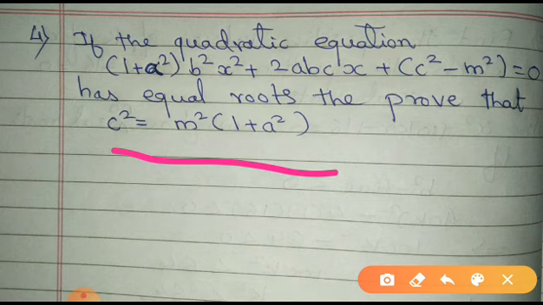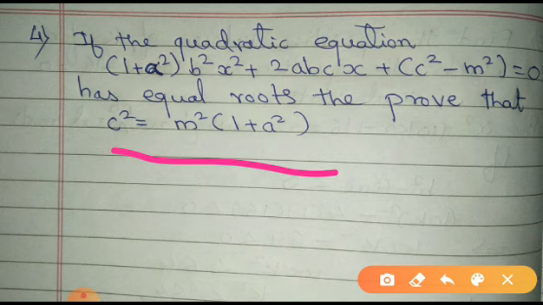Now see what is given. The given quadratic equation has equal roots. When a quadratic equation has equal roots, the discriminant is equal to 0. That means b² − 4ac will be equal to 0.